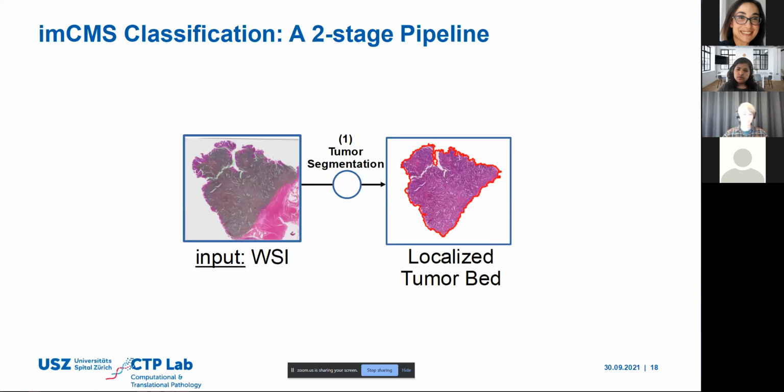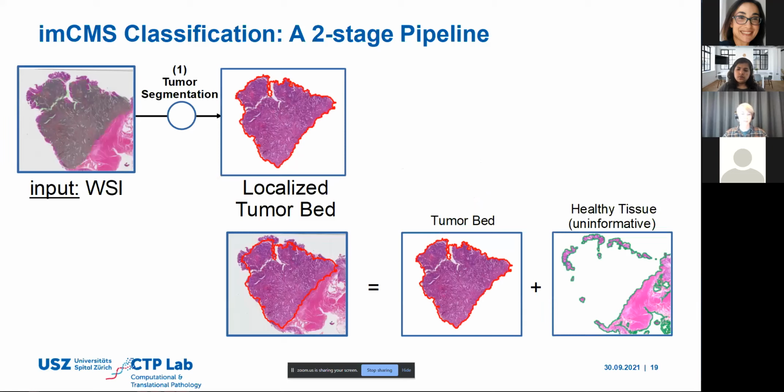So we address this problem with a two-stage pipeline. The first stage of the pipeline is to identify the tumor bed, so not only the region associated with tumor samples, but also the microenvironment. This is a very tedious and time-consuming task to do, especially on very large cohorts. Therefore, we wanted to investigate whether it was possible to automate this task with a machine learning model.